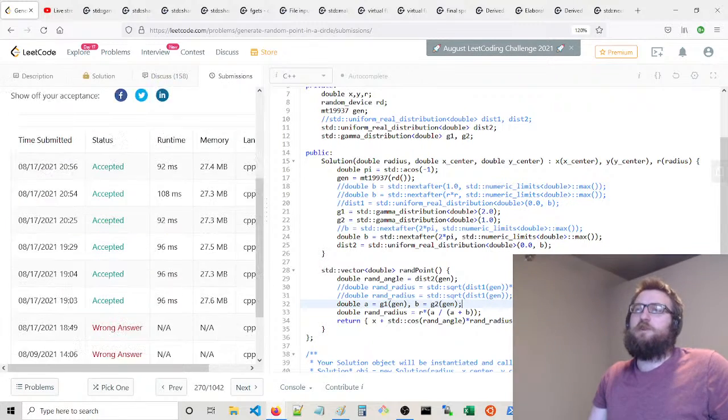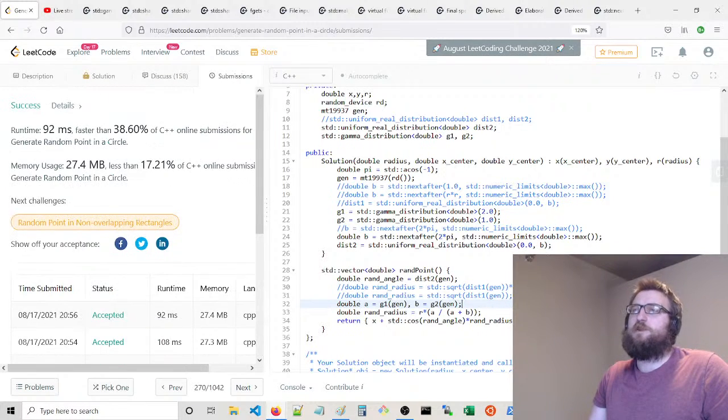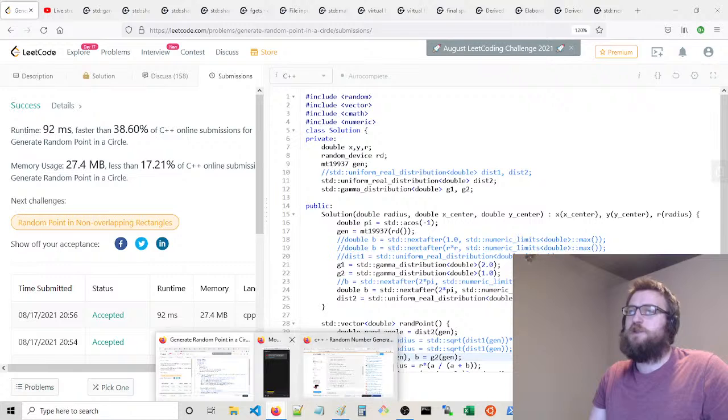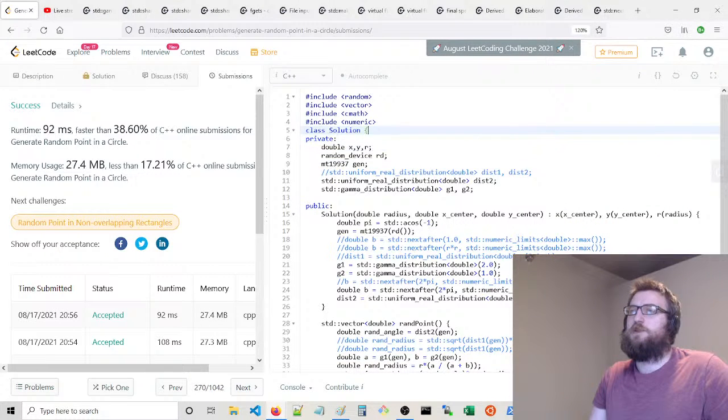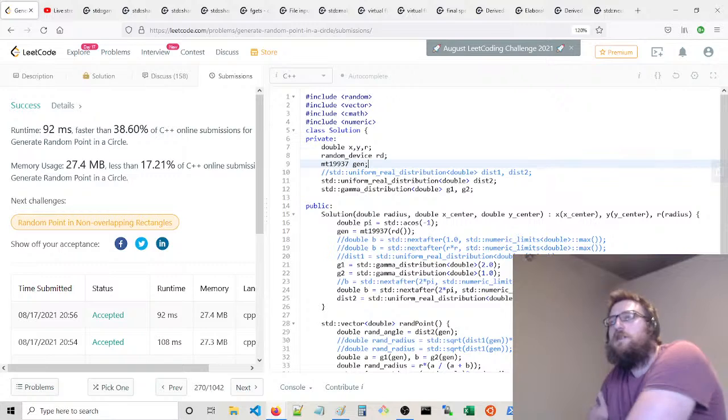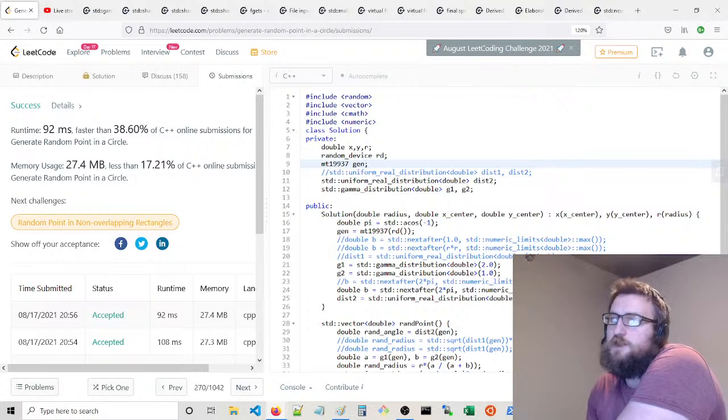The only issue I think is the reason why this is so slow is because of the random generator that we're using. All these classes that we're using, the random device, this MT19937 pseudo-random number generator, a uniform distribution that we want to use, and our gamma distribution that we want to use to avoid using the square root function. Ultimately, though, it's probably simpler to just use the square root function.